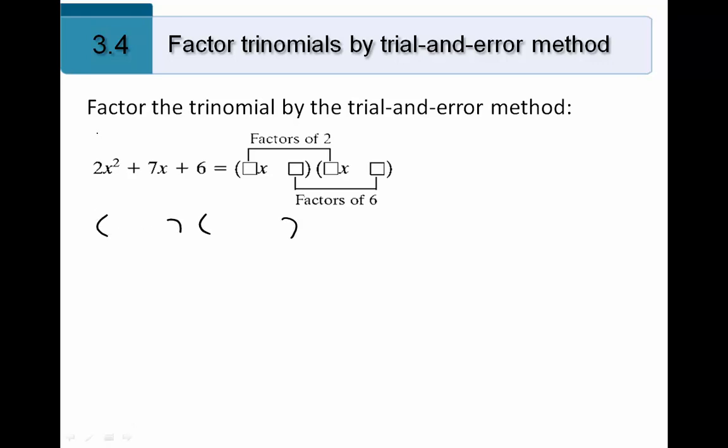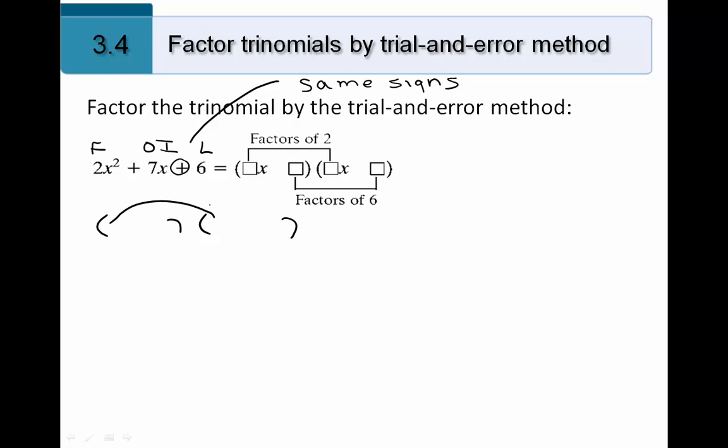Okay, recall this is going to be my F, my L, and my O and my I. I notice that this is positive, so my signs will be the same. Okay, so I'm going to begin with my F. So we know that this times this has to be 2x squared.